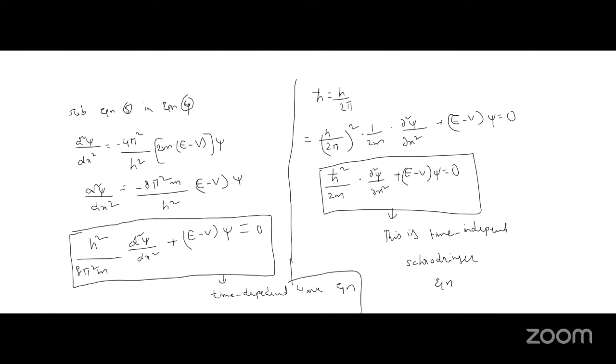So we have the equation λ = 2πħ/p. From this, I am writing p/ħ. What will we get for p/ħ? p/ħ is 2π/λ. This is from the first part of the time dependent equation.